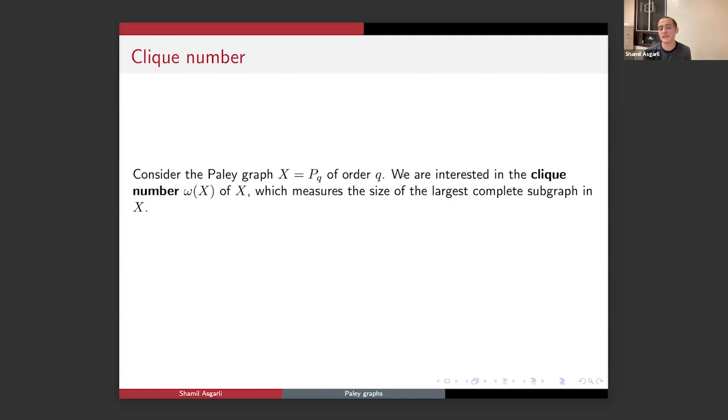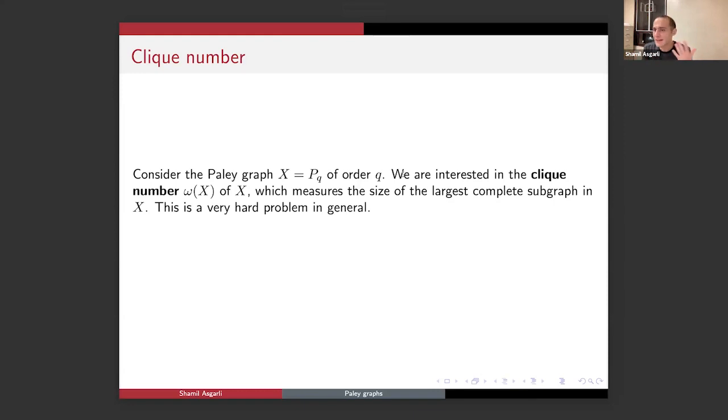So this is a quantity that you can investigate in any graph. It's an invariant of a graph, and we're interested in that. And this turns out to be a very hard problem in general. If you think about what the question is actually asking, it's asking something seemingly basic. Because what is the clique number? After all, we want to know the largest number of elements in F_q such that the pairwise differences between them are perfect squares.